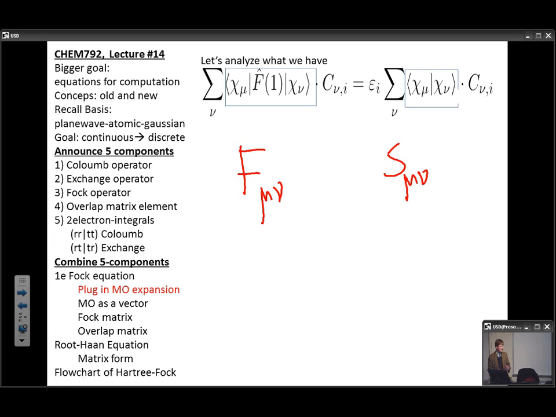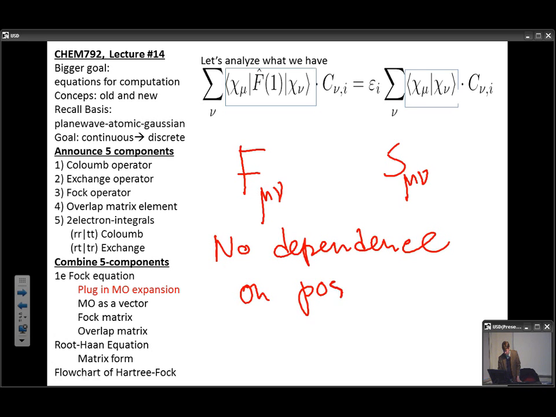And we do not have anything depending on r1. We do not have anything depending on the position of the electron. No dependence on the position of the electron.